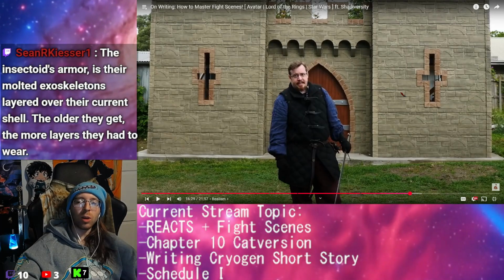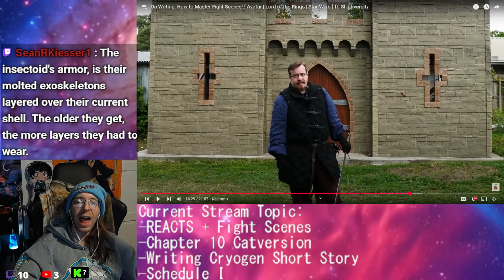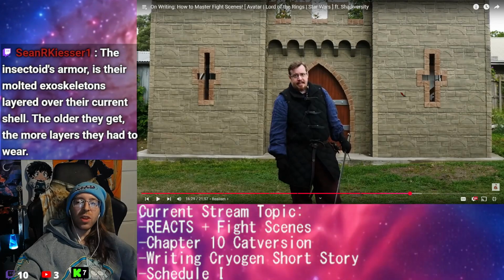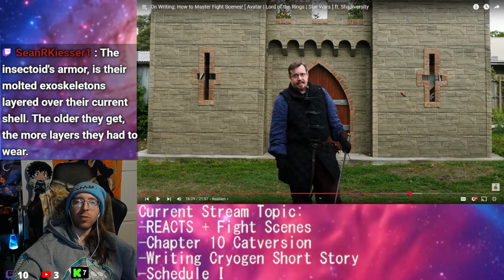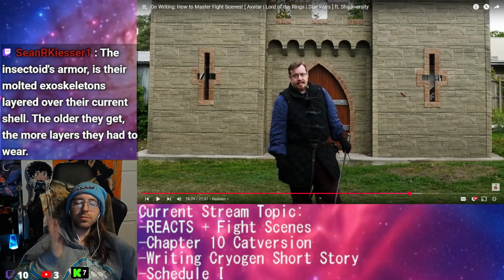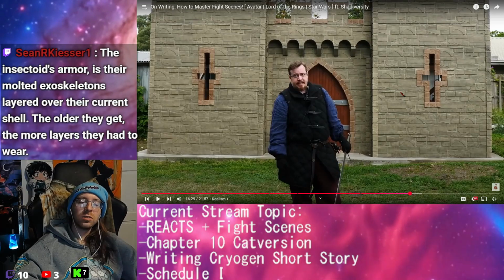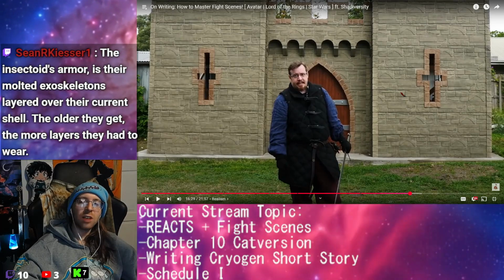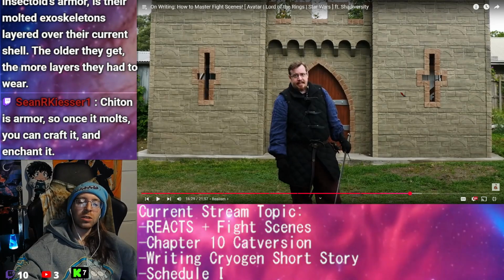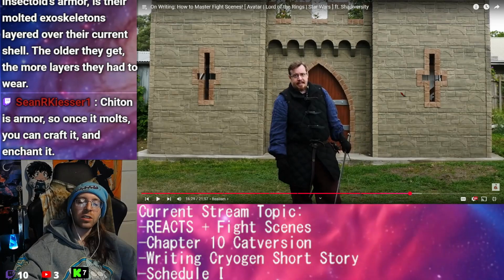It's just how that armor is designed in a way that allows a flap. Right? It's one thing to have a tail slit in the bottom of your torso piece for a character that has a tail, but not so easy. Chitin is armor, so once it molts, you can craft it and enchant it.